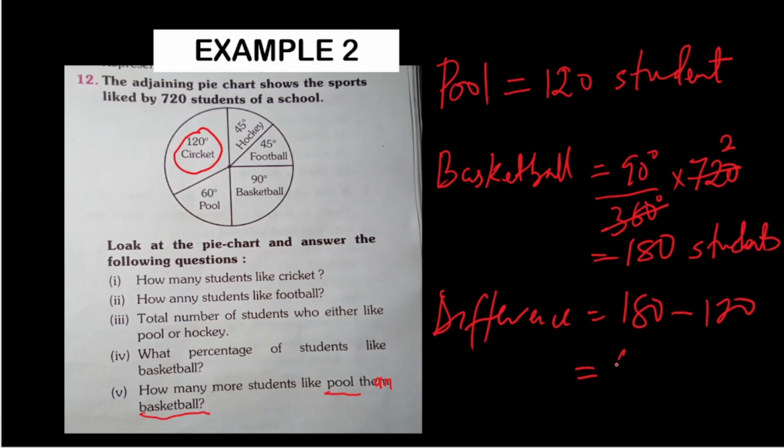So that's going to be 60 students. Which means 60 students like basketball more than pool. So that is how this question should be framed. I hope this is very clear. So this answer is very important. This answer might come out in the objective. But that of drawing will always be part of theory, which we are going to look at in detail in the next video or subsequently.